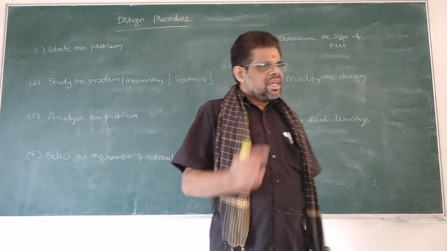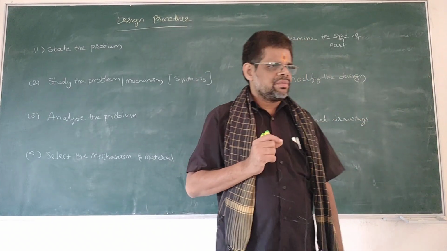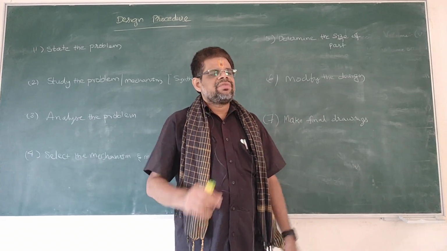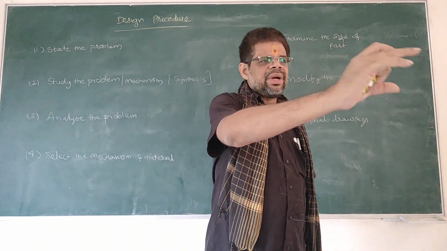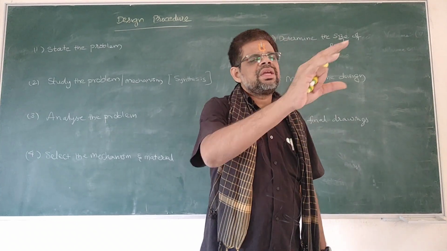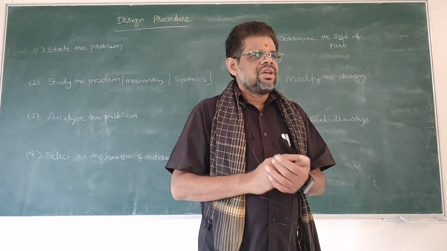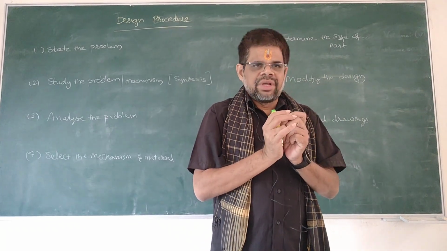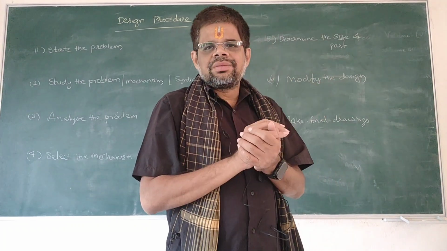In this case, if necessary, you have to draw the free body diagrams of forces in terms of magnitudes and directions. For example, in this machine, a particular element is failing every time. Then you have to study what the different forces acting on that particular component are. That is nothing but analysis.